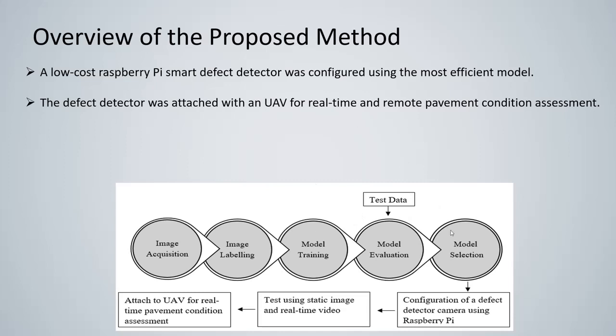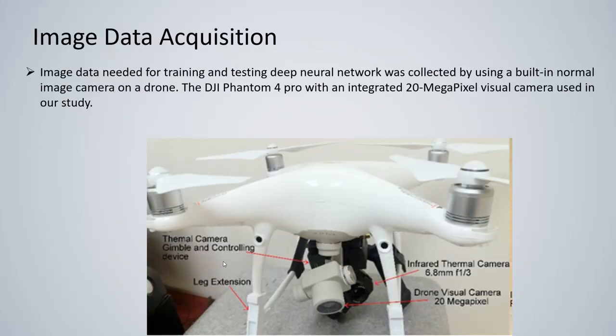As you can see in the figure, in the first step we collect images, then label the images, then train the model, then evaluate the model using the test data, then based on the most accurate and fastest model, configure the Raspberry Pi with the trained model, then test the Raspberry Pi with real-time video, and attach the Raspberry Pi to a UAV.